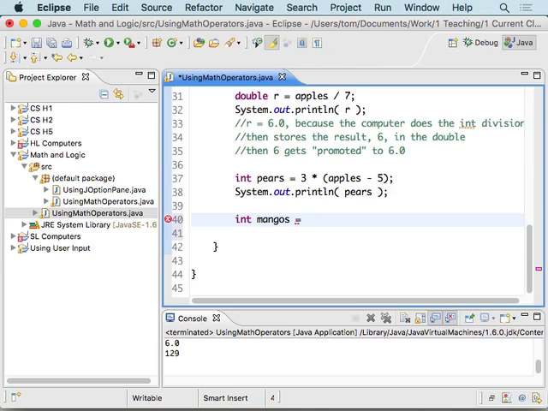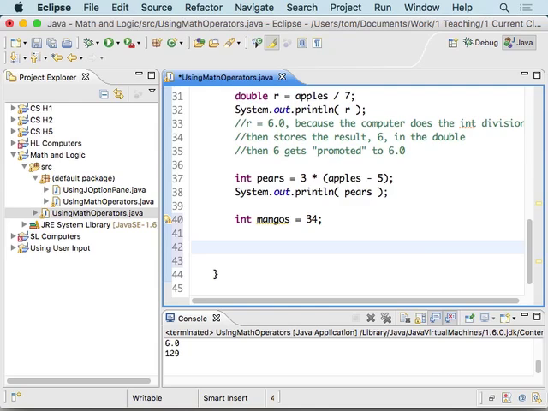Int mangoes equals, and let's say that we have 34 mangoes, and we want to figure out if we have a group of 8 people, how many mangoes are going to be left over after we give everybody a mango.